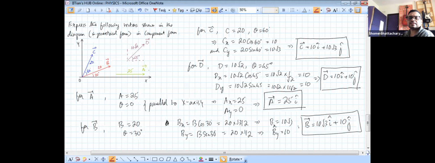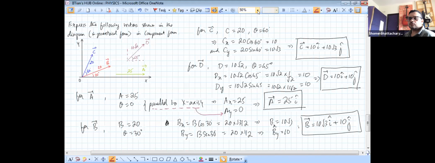It has no y component at all. So this is the reason why its y component is 0, because it is parallel to the x-axis. No problem. Okay, so hope this is clear, people.